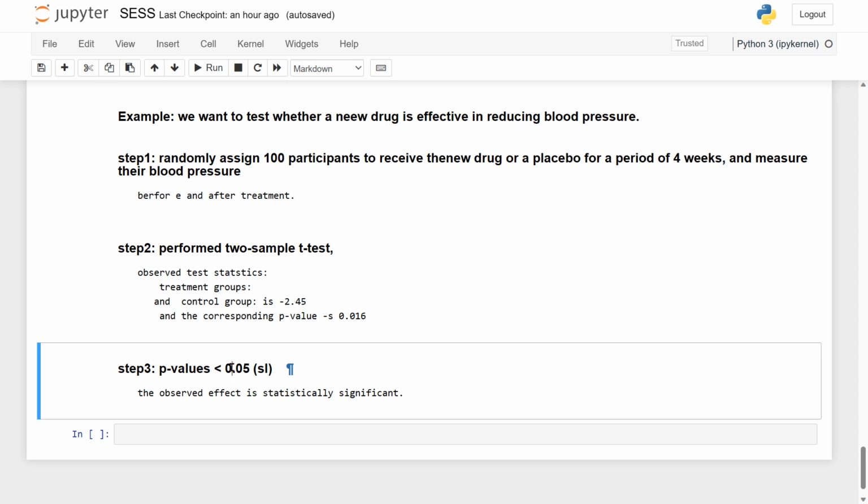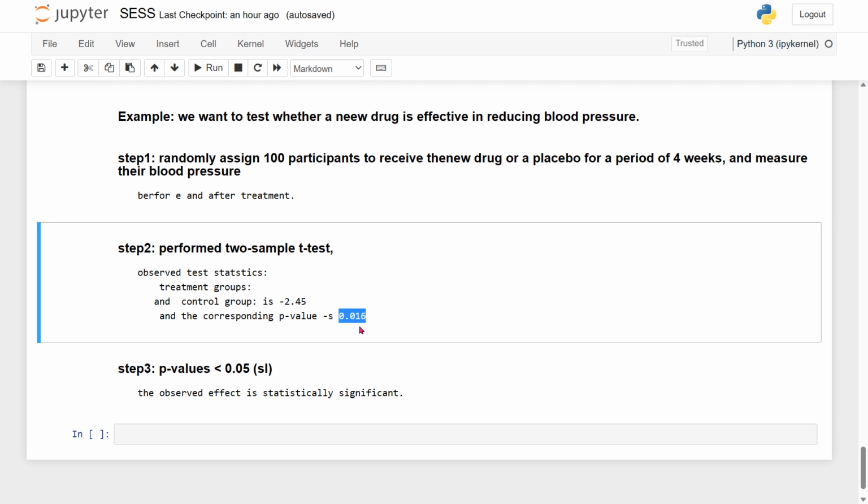When we say significance level 5%, that means we have a 5% chance of rejecting the null hypothesis. It is nothing but a simple threshold. Now you got the probability value, 0.016. When your probability value is less than the threshold value, that means you have to reject the null hypothesis.